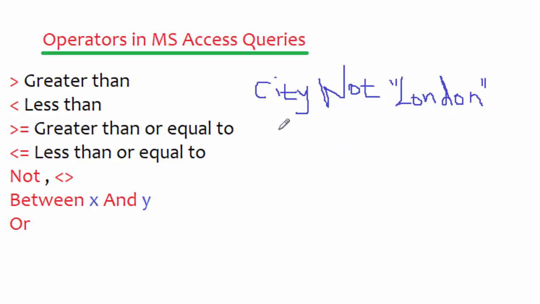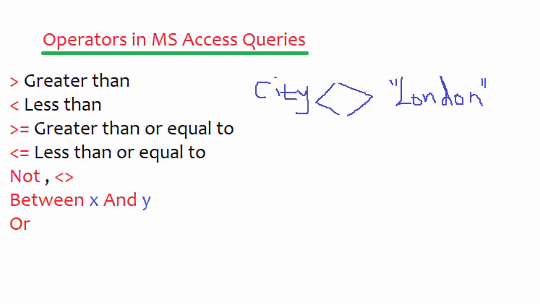And you can as well write it using the symbol by just using these two symbols, greater than and less than, and write it like this. This is a not symbol, and it is also written like that.